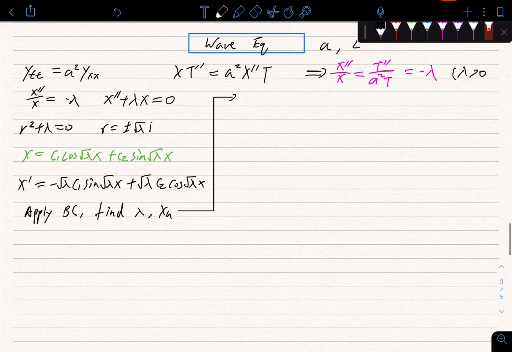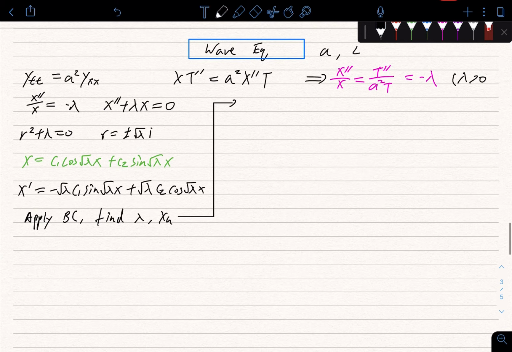T is a little bit different compared to the heat equation, so let's go through this step by step. T double prime over T equals negative lambda. Oh, sorry, I forgot an a squared term over here. So that will give us T double prime plus a squared lambda T equals 0.